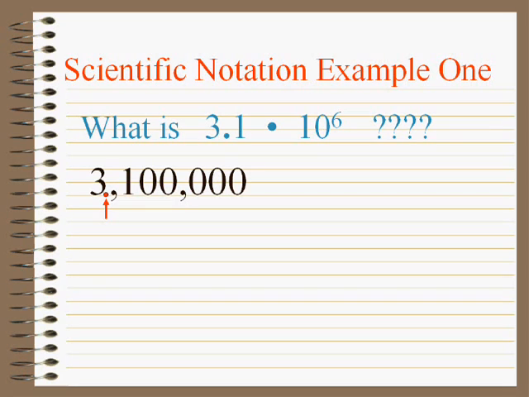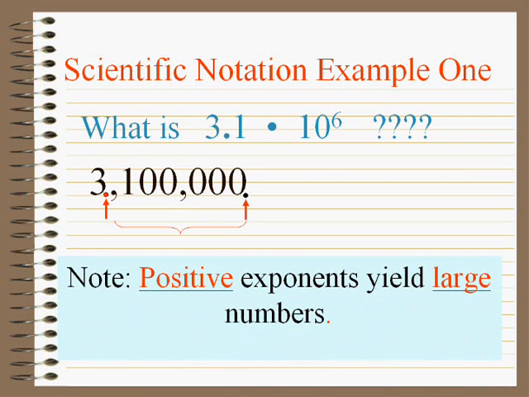Well, if the decimal place was here, where the 3.1 has it, it would have to move over 6 places to end up here. Hence the 10 to the 6th. Notice that a positive exponent in scientific notation yields a relatively large number, doesn't it?